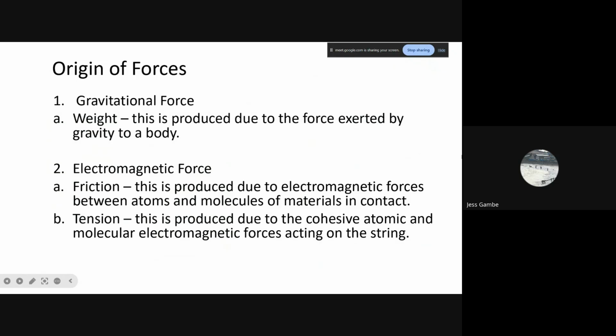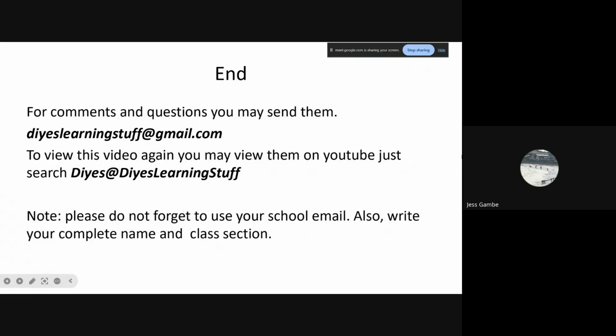Then also tension, which is produced due to the cohesive atomic and molecular electromagnetic forces acting on the string. Essentially, it is the chemical bonding. Okay, these are the two sources of origin of forces. That's it.